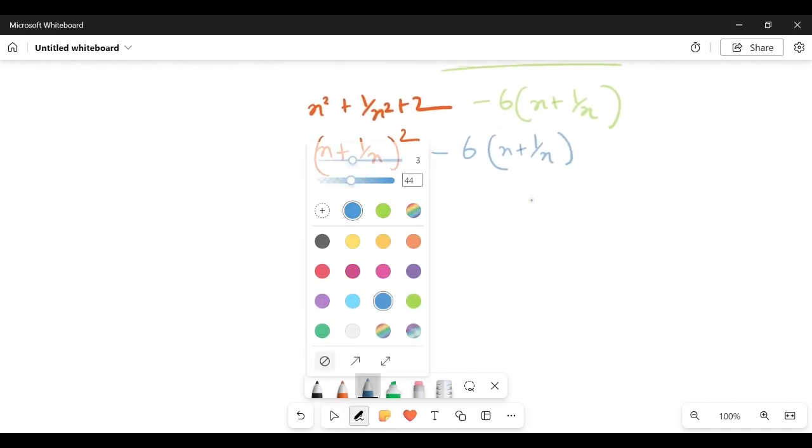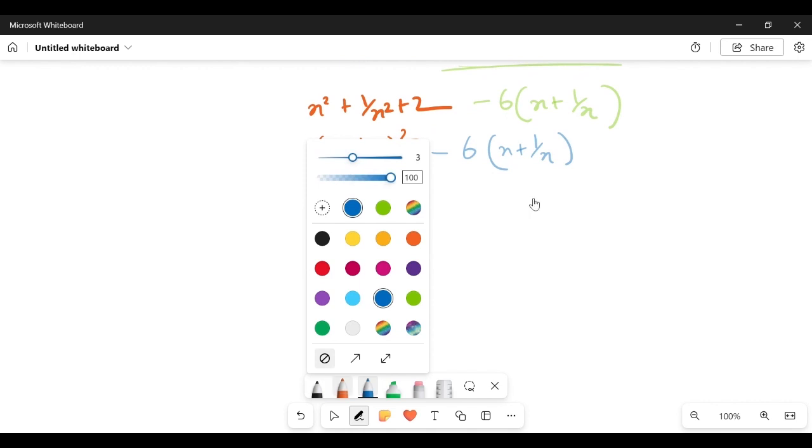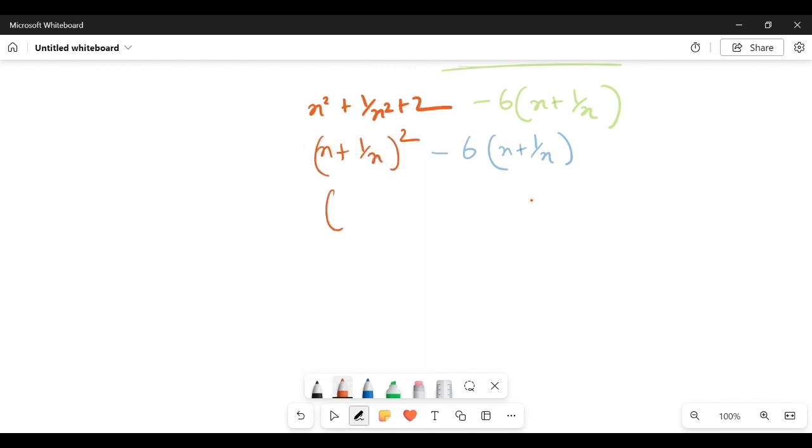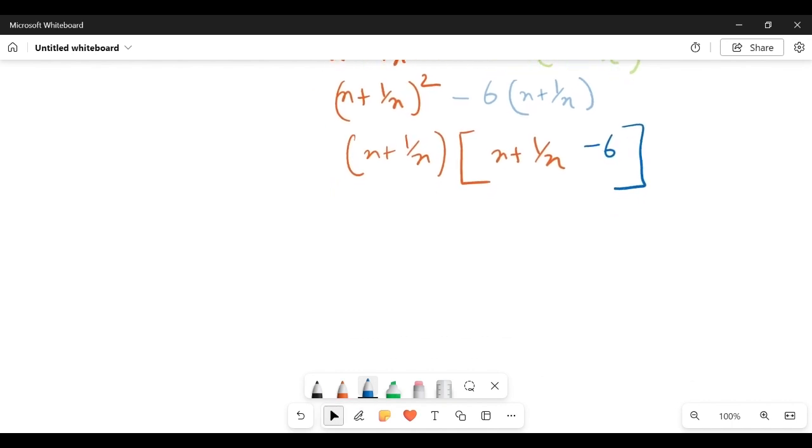Now what happens is you can take x plus 1 by x as common. Then what is left is x plus 1 by x and minus 6, right?